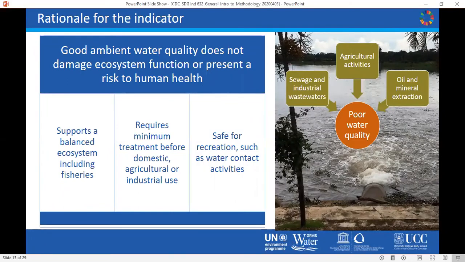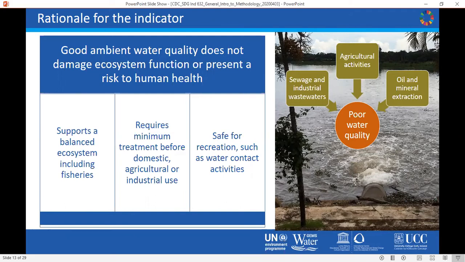So the rationale for the indicator is that good water quality does not damage ecosystem function or present a risk to human health when the water is used for drinking or cooking or recreational activities. Water quality that is not impacted by human activities supports a balanced ecosystem with good species diversity and requires little treatment before use.